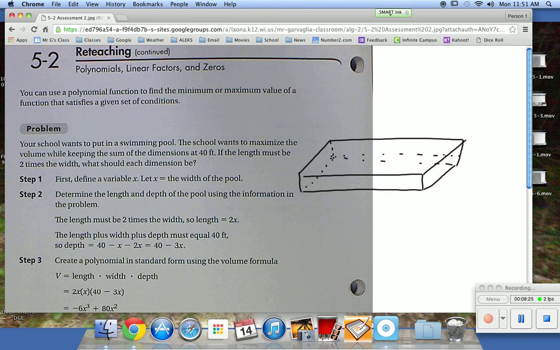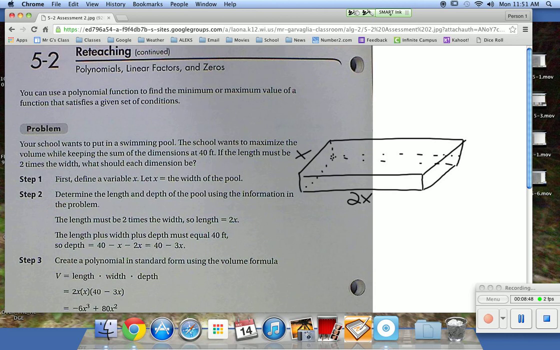Anyway, so we've got our width at x. We've got our length at 2x. And let's see, what does it say about the depth? Length is 2 times the width. It doesn't say anything about the depth. Oh, okay.